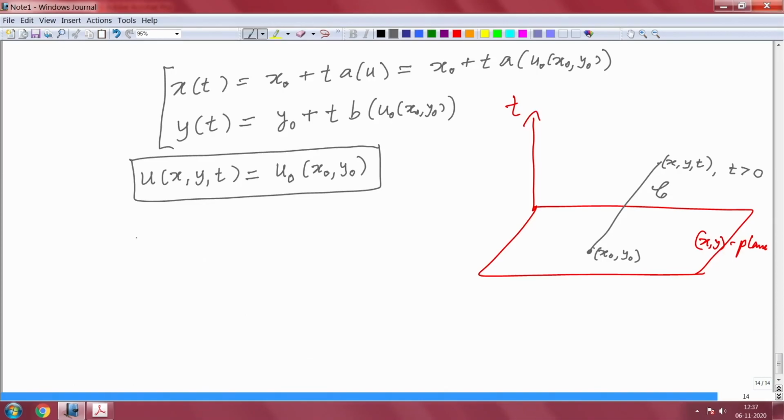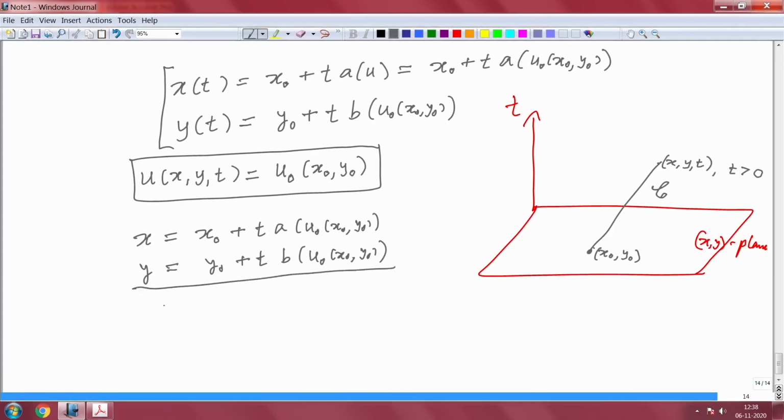So, now consider these equations, x equals x 0 plus t a of u 0 at x 0 y 0, and y equals y 0 plus t b of u 0. The task is to find x 0 y 0 in terms of x y t, and these are nonlinear equations.